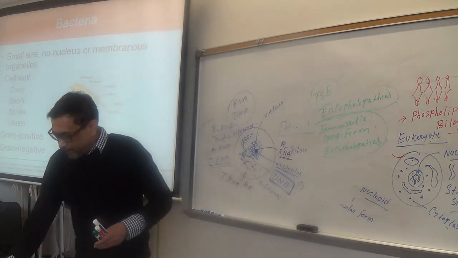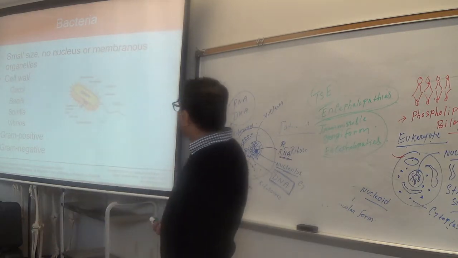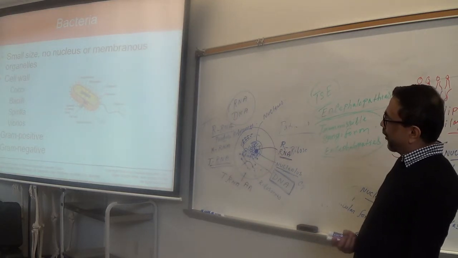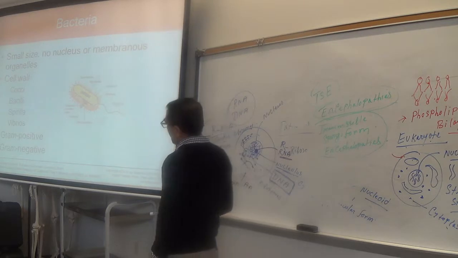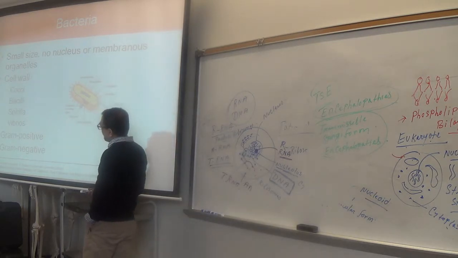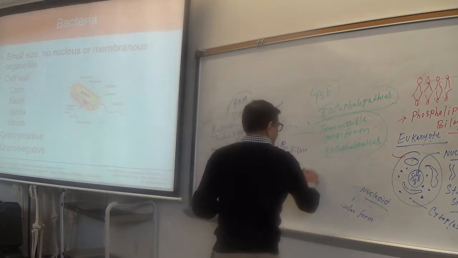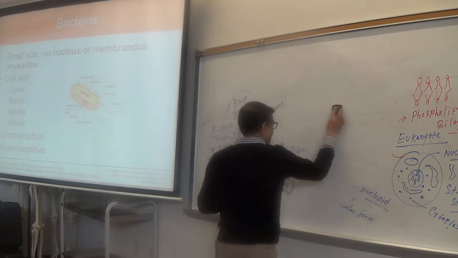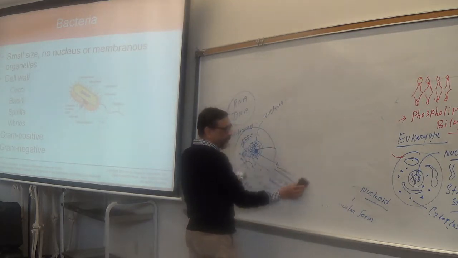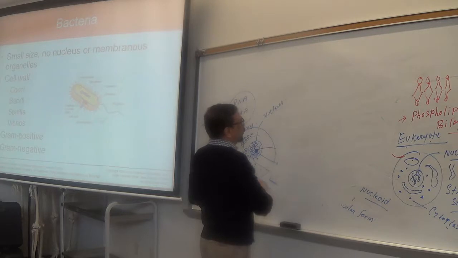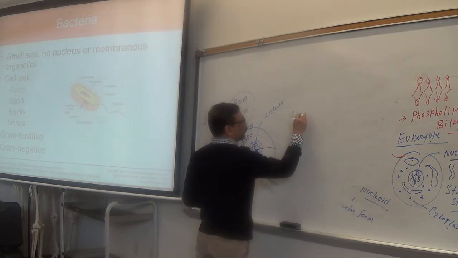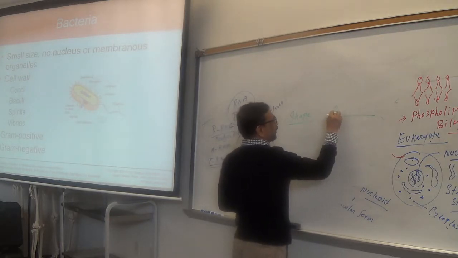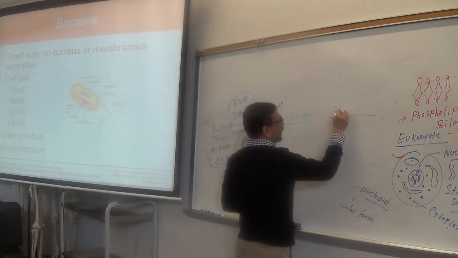Now, you already know the structure of a bacteria. Bacteria could be different types. We classify bacteria in two ways. One is we look at the shape of bacteria, and the other is by looking at the stain it takes.